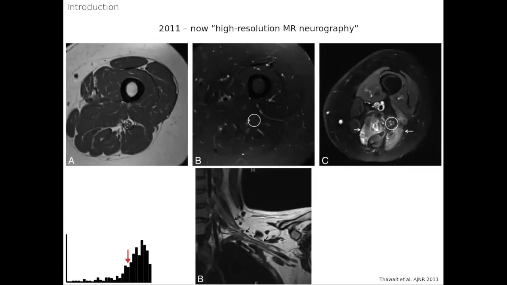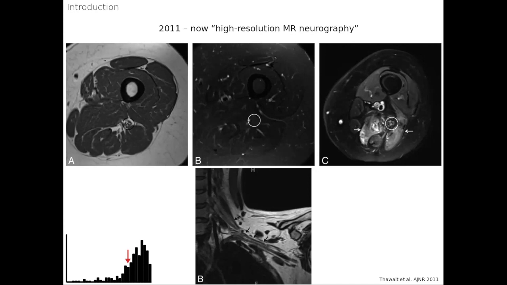It's around 10 years ago that the term high resolution MR neurography came up, and it was a term used to indicate that high resolution images were used to have a better appreciation of the structures of the peripheral nerves, as you can see here.